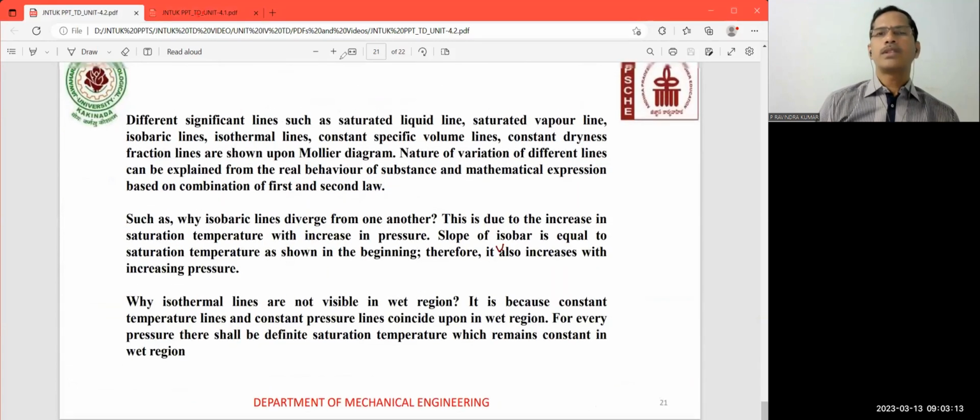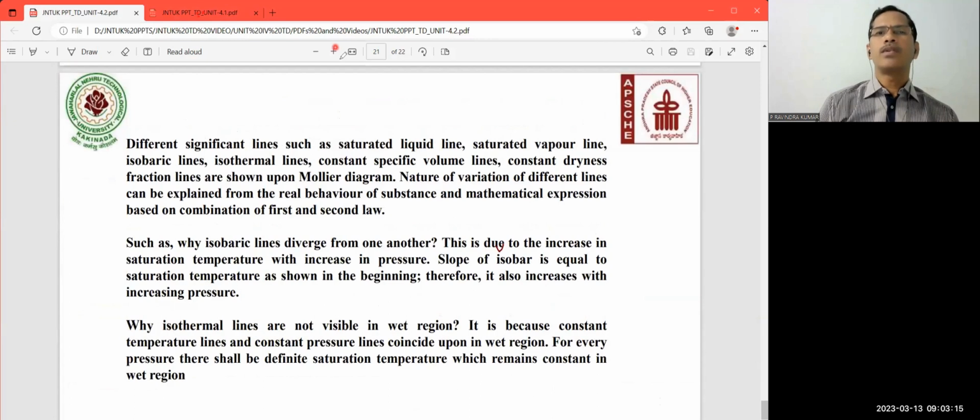So after observing this, some of the things which you can highlight are what you have observed so far. Different significant lines such as the saturated liquid line and saturated vapor line. Now you have isobaric lines, that is constant pressure lines, isothermal lines, that is constant temperature lines, constant specific volume lines, and constant dryness fraction lines.